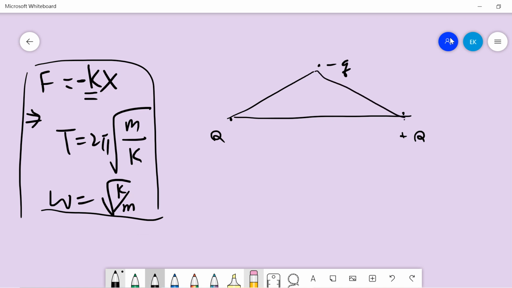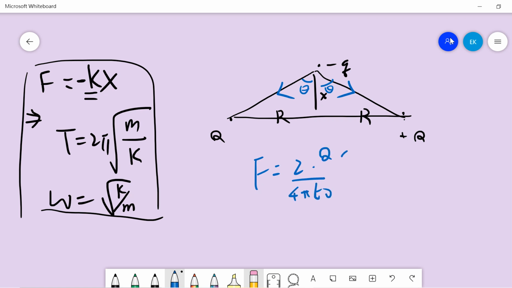Right, so suppose this is x, this is r, and the large Q will attract it. So basically your force is due to the electric field, which is Q over L squared times cosine theta.